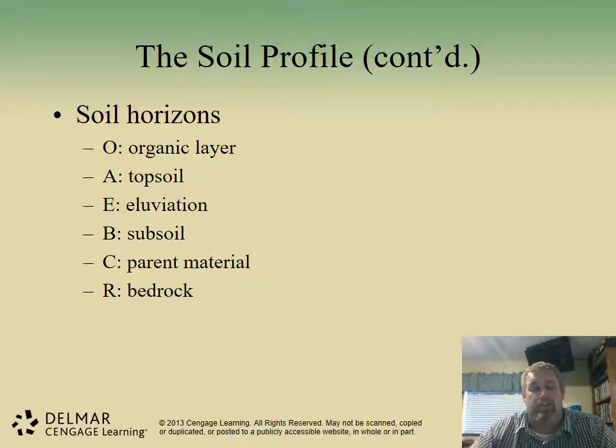If you were to look at the top layer of a forest, you're going to start to see leaves scattered about. And then if you look right under the level of leaves, you're going to start to see all the other leaves that were there before, and those are starting to break down. They're not really a soil, but they're becoming an organic matter layer that's on top of the soil.